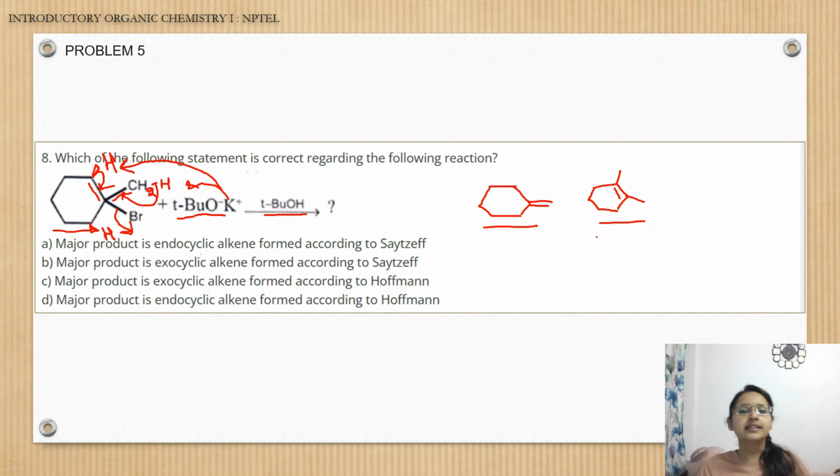Yeah, sure. See, what Saytzeff rule says, if elimination is taking place, then you have possibilities of forming alkenes like this. If you have a methyl group here, let's say there is a methyl group, here also there is a methyl group, and these are protons, let's say.